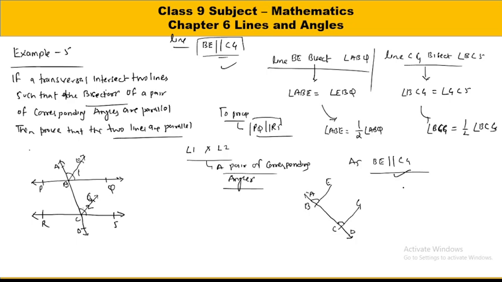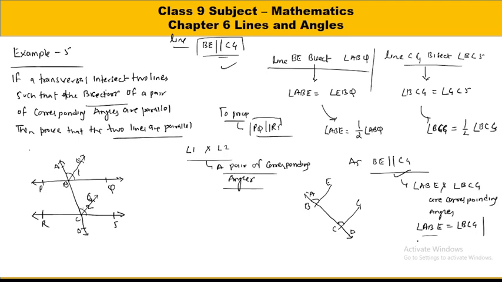If these two lines are parallel, then the pair of corresponding angles, angle ABE and angle BCG, are equal to each other by the corresponding angle axiom.